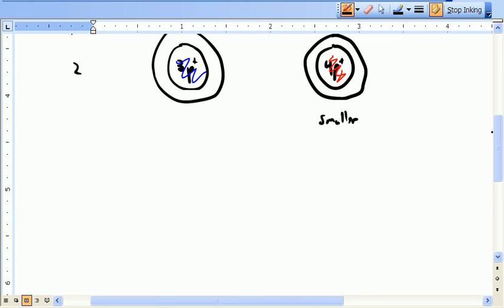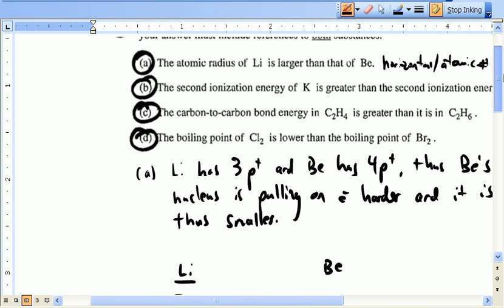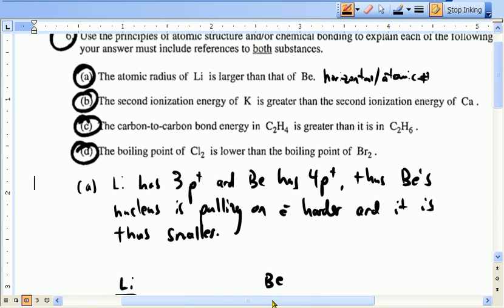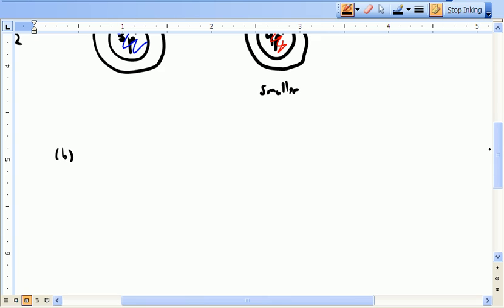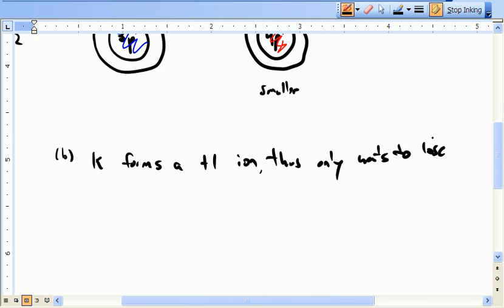Let's go on and answer B. So B says the second ionization energy of K is greater than that of Ca. Okay, so this one is talking about jumps. So K forms a +1 ion, thus only wants to lose 1 electron.